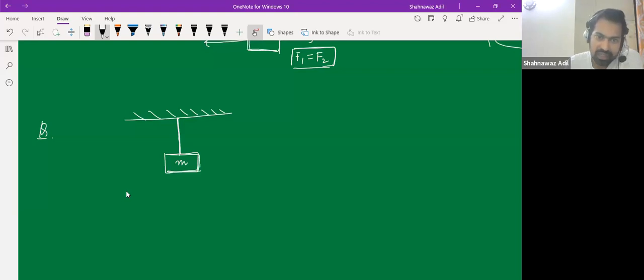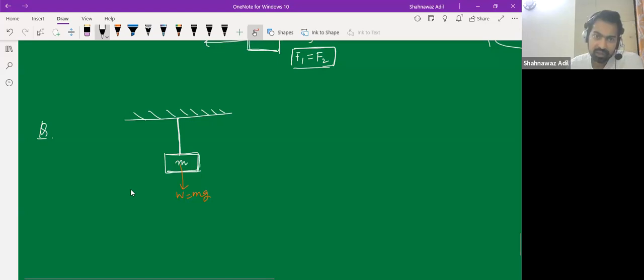Can you guys tell me how many forces are acting on this object? Two. First one is what, Akif? Gravitational force, that is mg, the weight, right? And what is the other force?